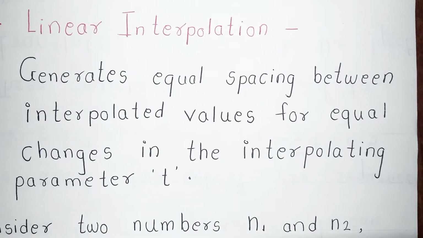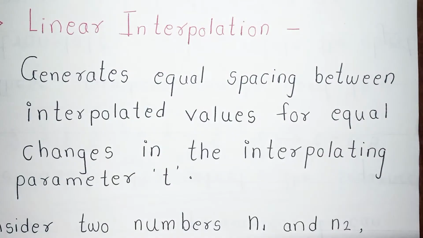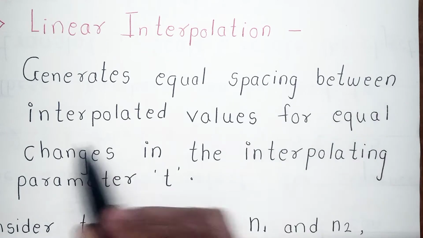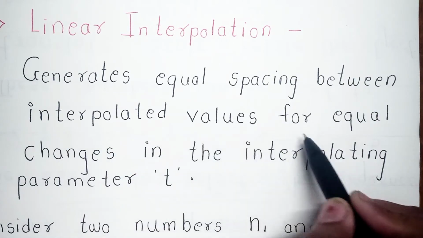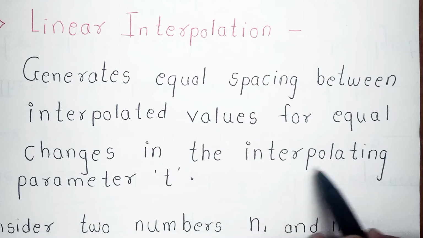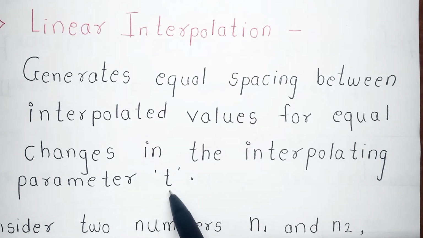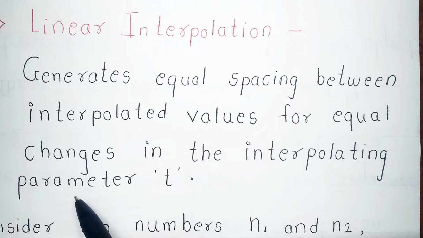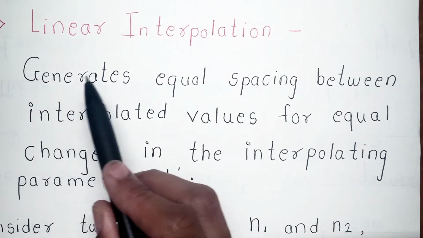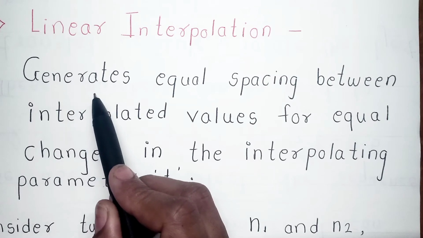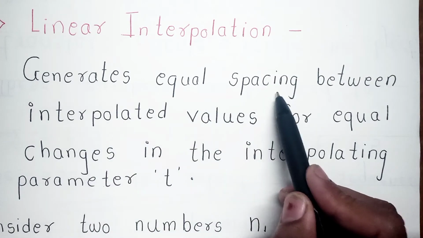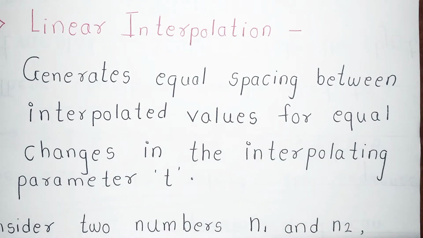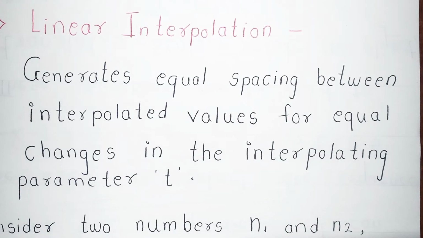So here we see linear interpolation. It generates equal spacing between interpolated values for equal changes in the interpolating parameter t. I already told you the meaning of interpolated values and interpolating parameter. So what is linear interpolation? It generates equal spacing between interpolated values for equal changes in the interpolating parameter t.